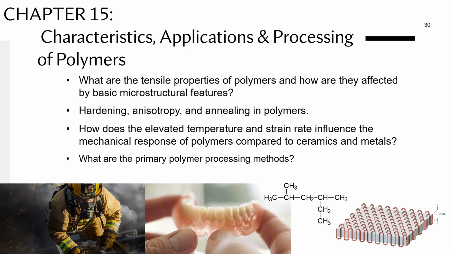We're going to talk about some of these polymers and how we can actually induce some properties into them. How can we harden them? How can we anneal them in order to achieve better properties? We're going to talk about how temperature and other environmental factors influence these properties. And we're also going to talk about ways to process and make parts out of these polymers. So it's going to be on more of the behavior and processing side.